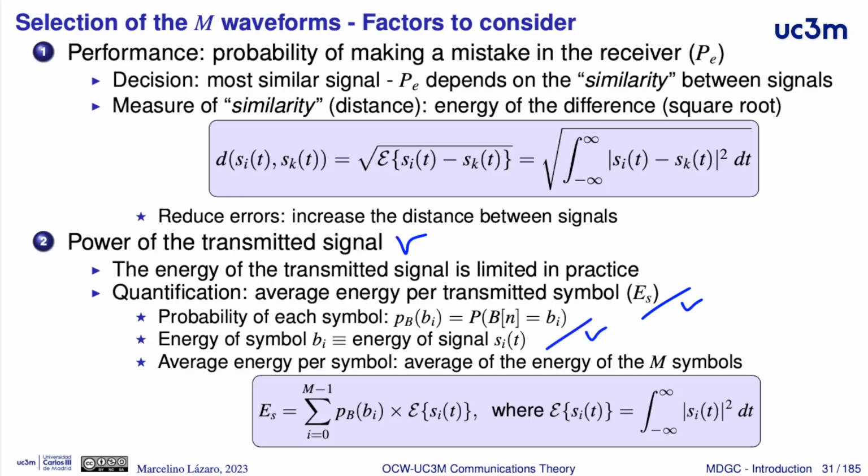If we compute the energy for every signal, it's possible to define the mean energy per symbol as the average of the energy of the different signals, which can be obtained, for instance, in the time domain by integrating the square modulus of the signal.